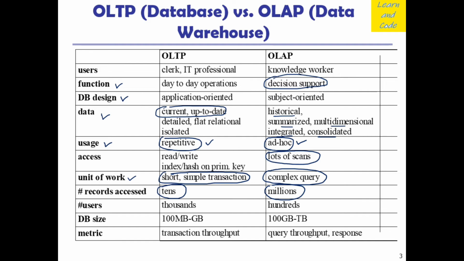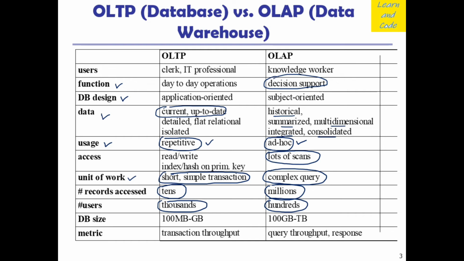What are the typical number of users of database? It generally has thousands of users, but very few users would be there of data warehouse, because only knowledge workers, only those people who are actually dealing with generation of knowledge from the data, will be dealing with data warehouse.